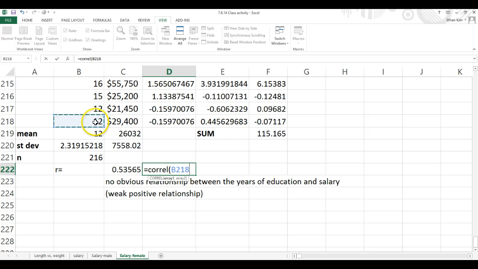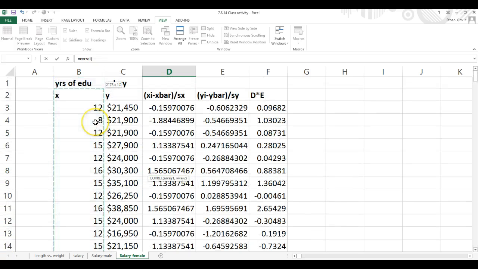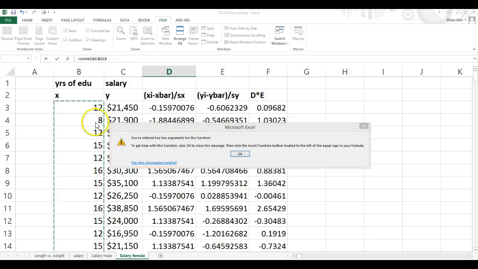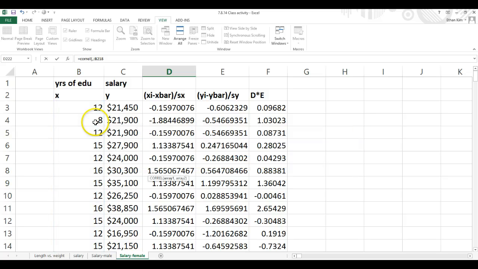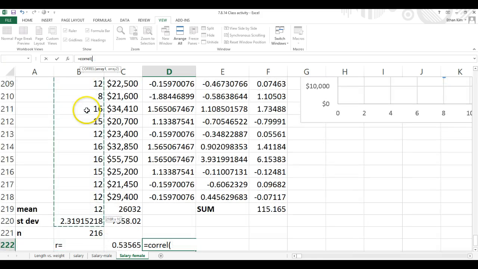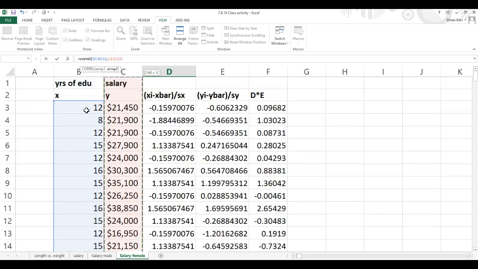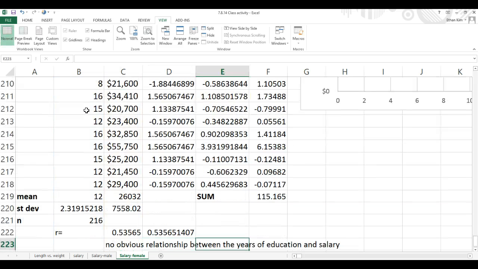All right, so I messed it up. Let me do this again. Okay, so that is the first array, and the second array we have is the salary. And we get the same number.